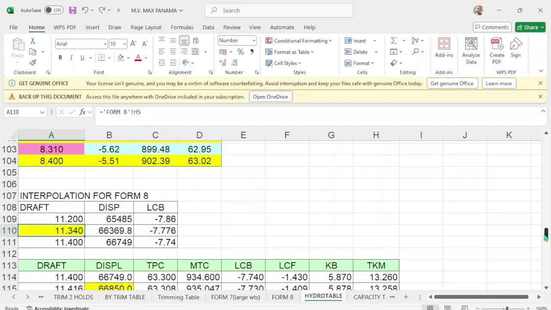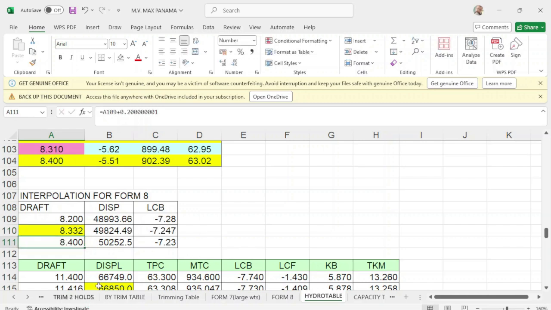Okay, so you go here, 8.332. Put here the displacement, 8.332. Enter. Sorry, 8.332.